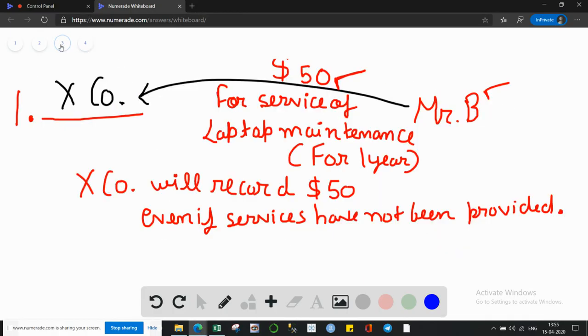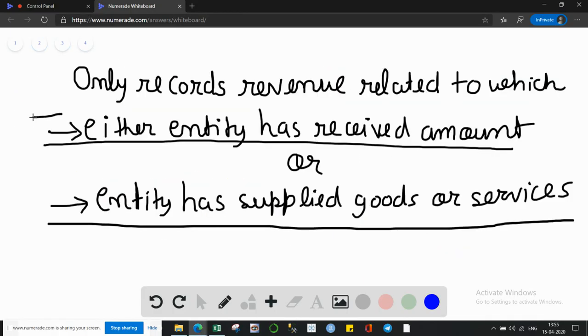Now it's a summarization concept. Let's summarize both of these in a new slide.